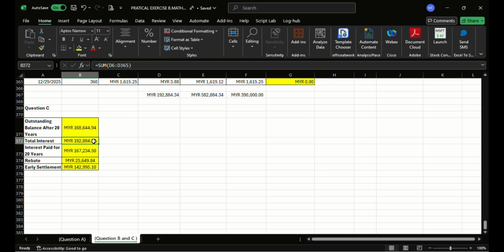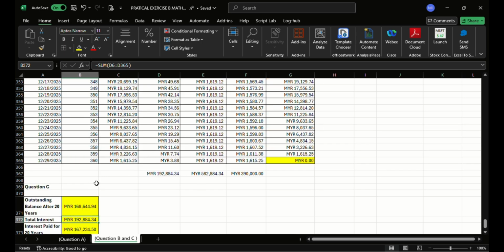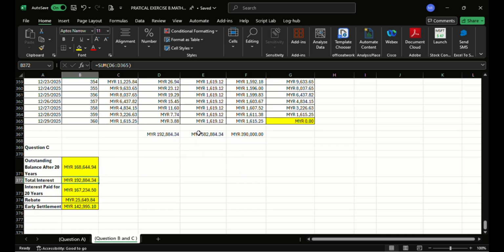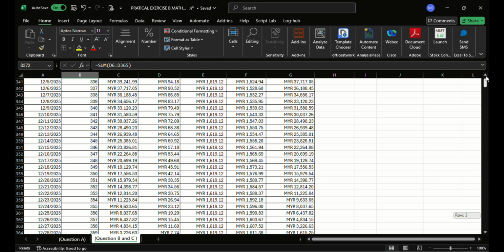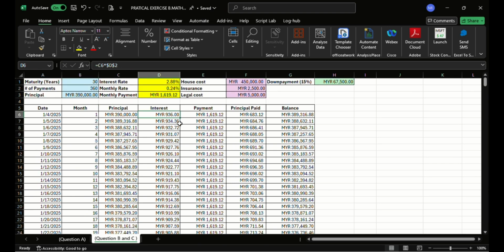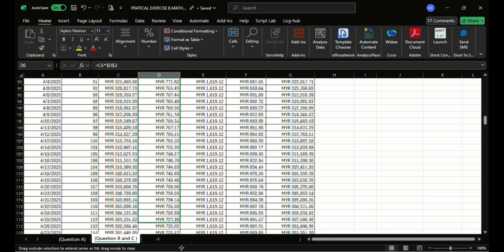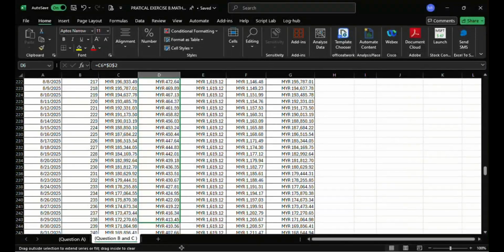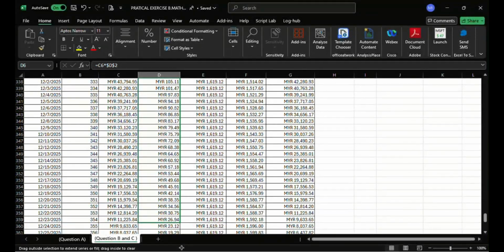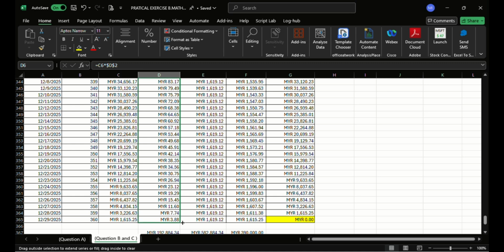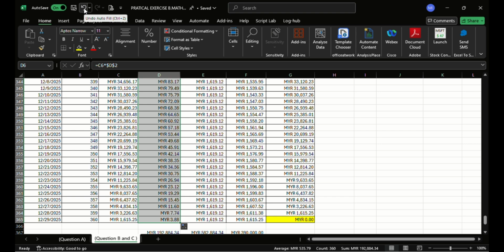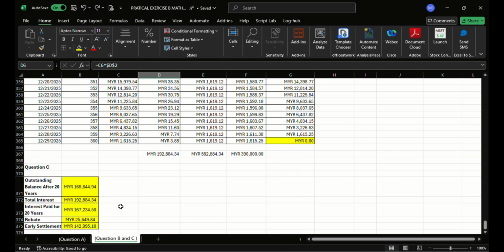For the total interest, just take from this one all the way down till here. Using Excel to calculate the total interest is very easy.